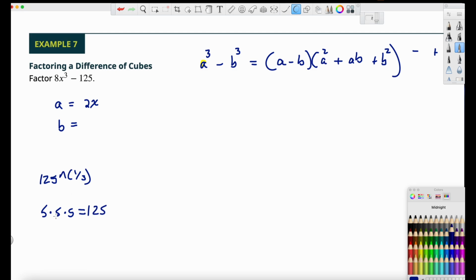I encourage you to check that out. So 5 is my b value. So now I could write this as 2x cubed minus 5 cubed.